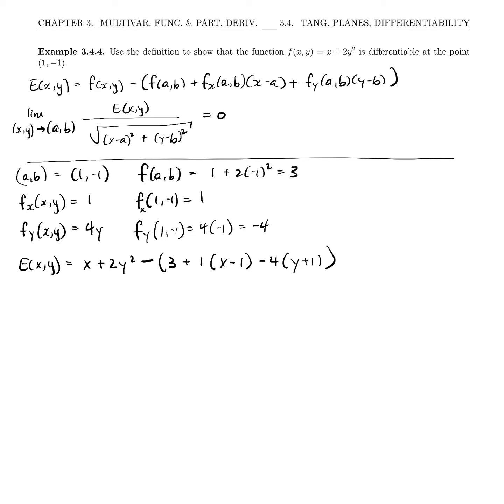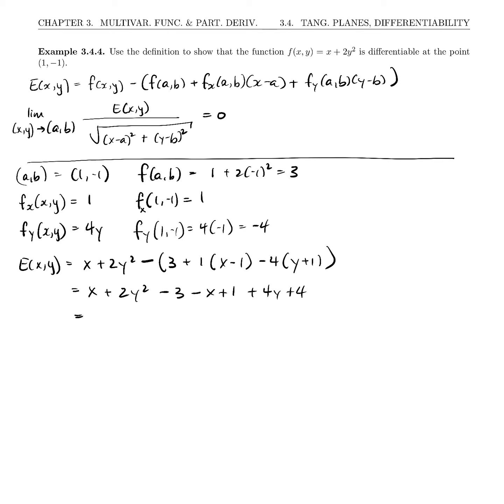Now, if we simplify this a little bit, we are going to get x plus 2y squared minus 3 minus x plus 1 plus 4y plus 4.